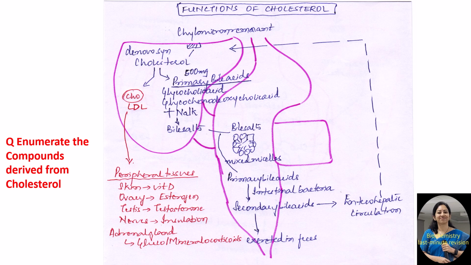In the testes, it is required for the formation of testosterone. In the nerves, cholesterol provides the function of insulation. In the adrenal gland, cholesterol is required for the formation of glucocorticoids, especially cortisol, and the mineralocorticoid aldosterone. So these are the different compounds which are derived from cholesterol.